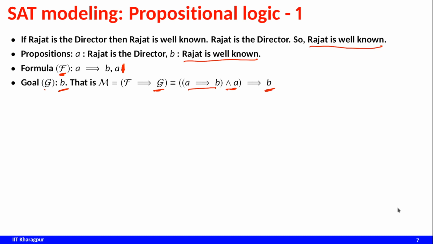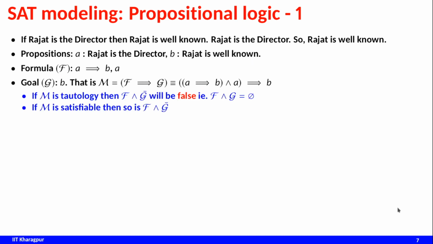From the propositional logic lecture, what we have seen is that if F implies G is a tautology, then F and not G will yield false, and if F implies G is not a tautology, then F and not G is satisfiable. So in order to analyze this, we choose this approach.